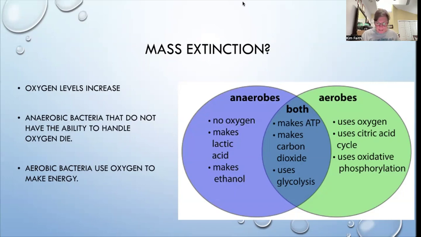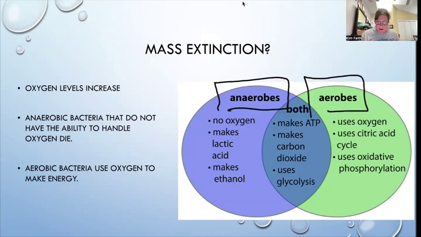So I have these divided up into anaerobes. Anaerobes means without oxygen, right? No oxygen, uses oxygen. You can see how the anaerobes make lactic acid, a byproduct of their metabolism, or they make ethanol. Aerobes are going to use what's called the citric acid cycle and oxidative phosphorylation.